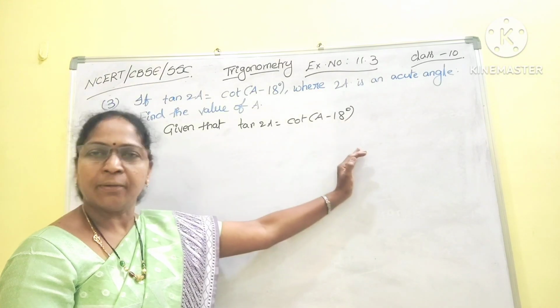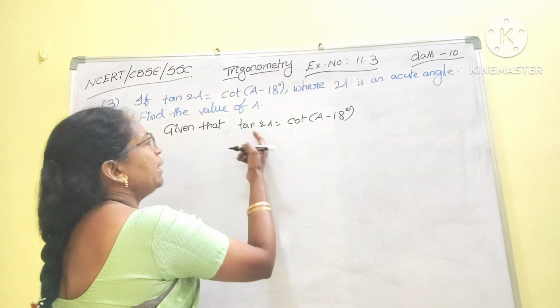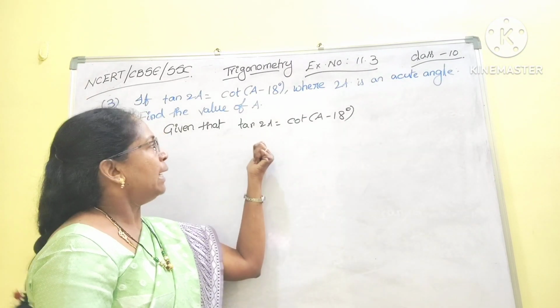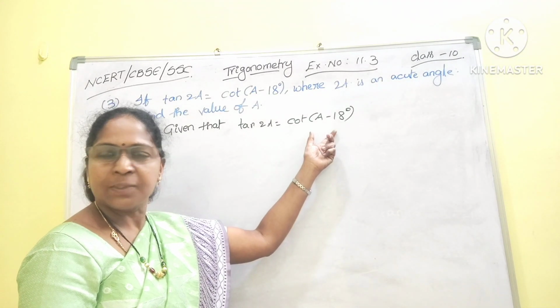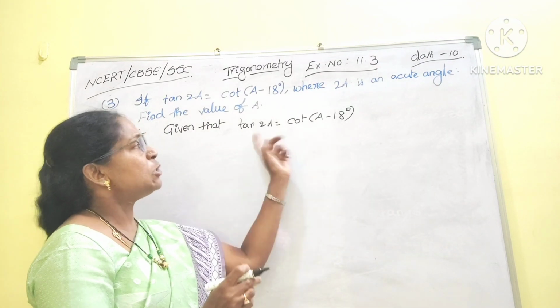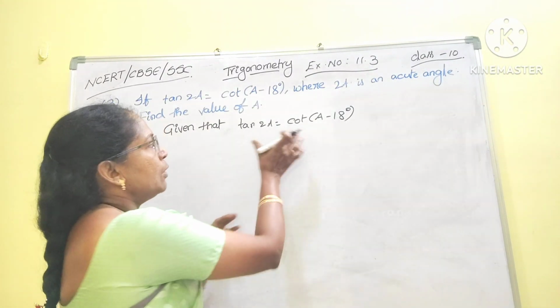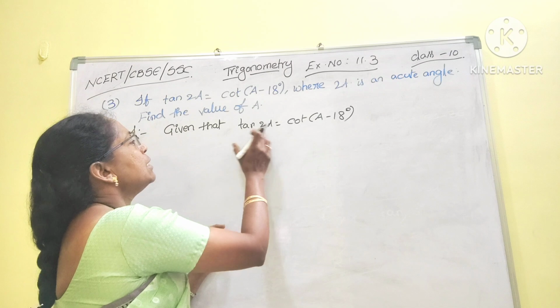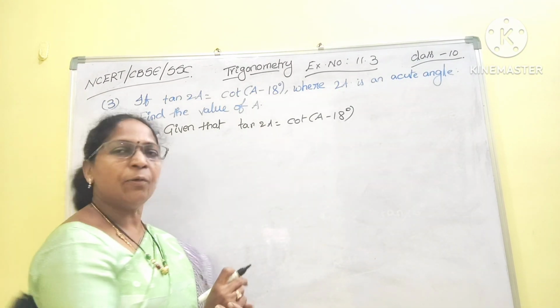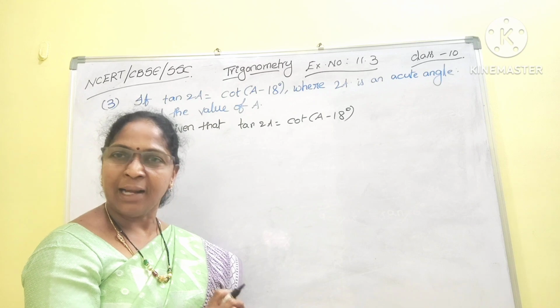Next, observe the question. LHS equals RHS, two terms are given, but both are different trigonometric ratios. Since these two are already given as equal, you have to consider this and find the value of A. And 2A is an acute angle, so acute means less than 90 degrees.